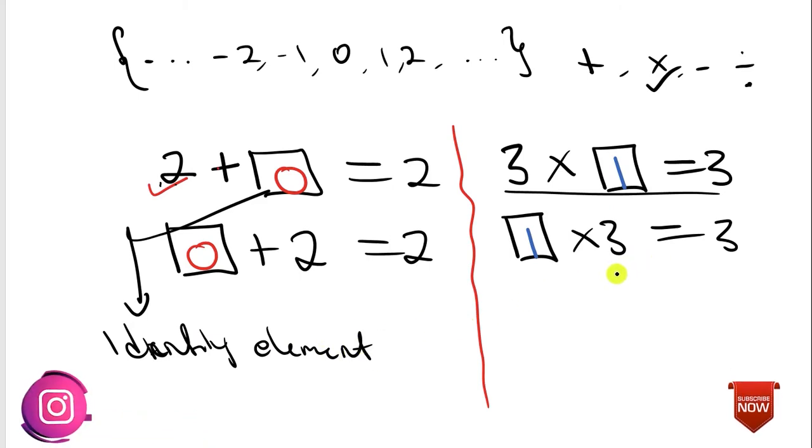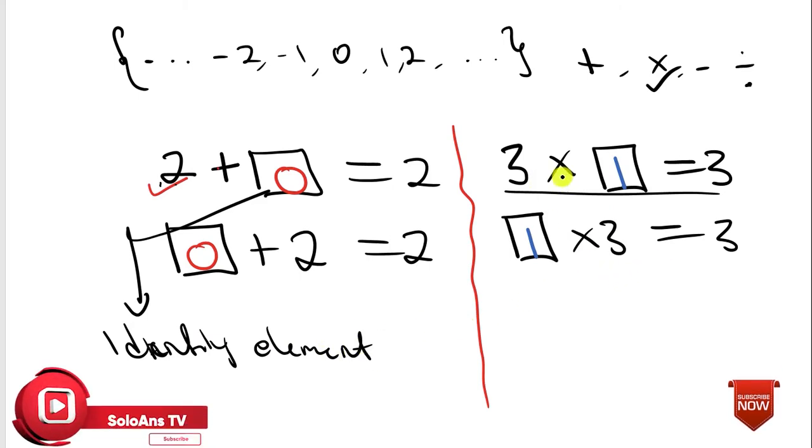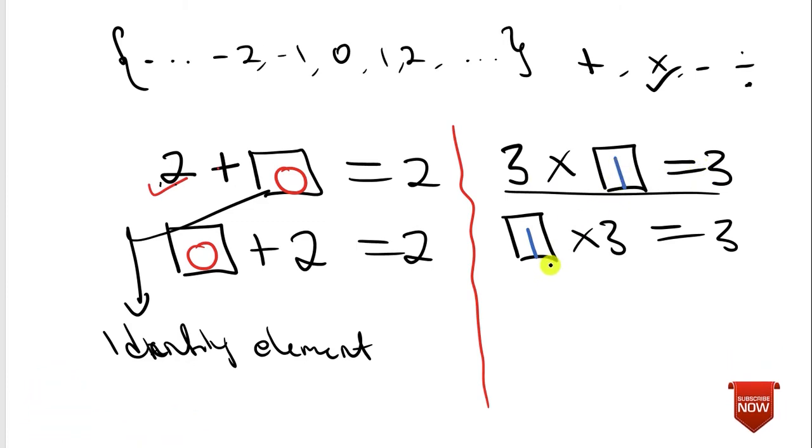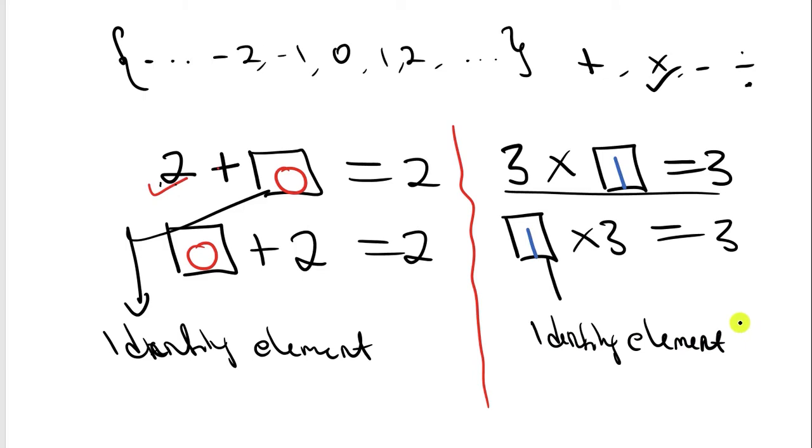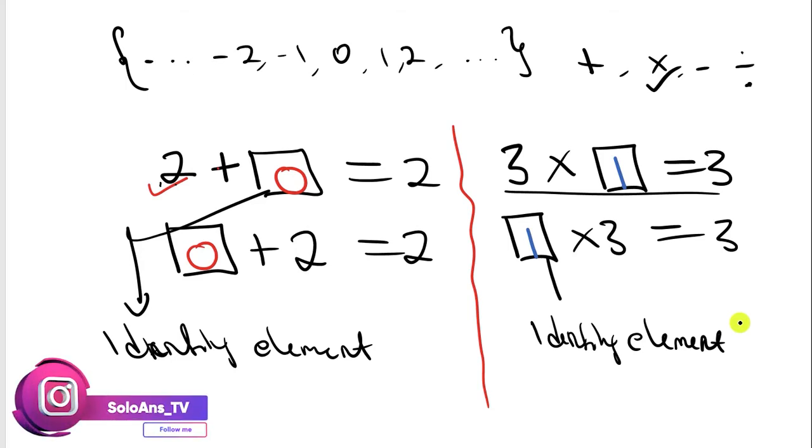When it comes to the multiplication on this side, 3 times 1 gave us 3. So the element 1 that is there is referred to as the identity element. That is the basic idea about identity element. It is an element in a set which, when you combine it under an operation, the result remains unchanged.